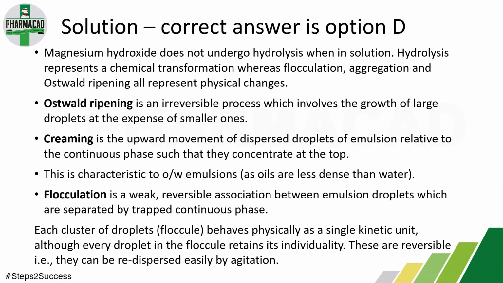Each cluster of droplet floccules behaves physically as a single kinetic unit, although every droplet in the floccule retains its individuality. These are reversible, that is, they can be redispersed easily by agitation.